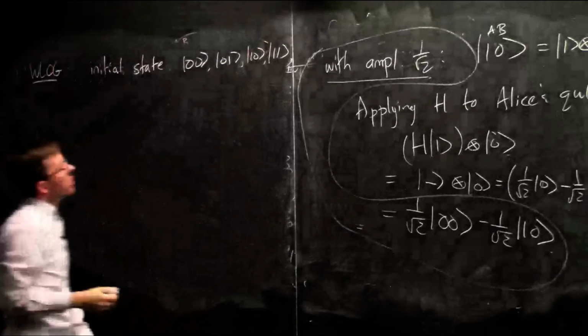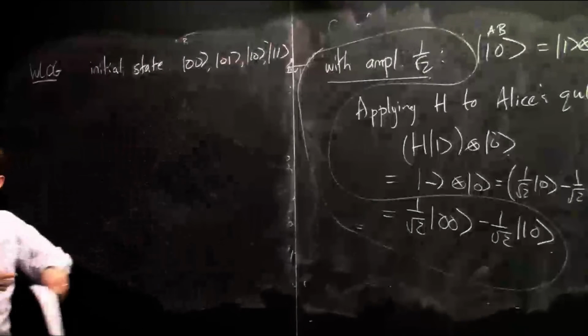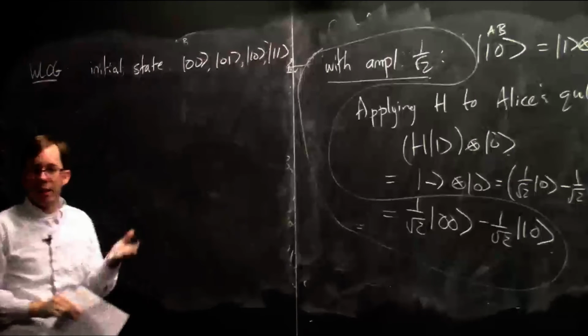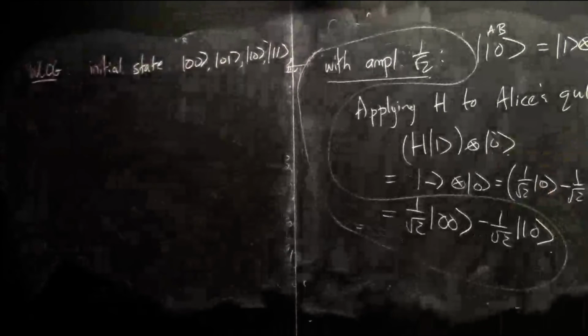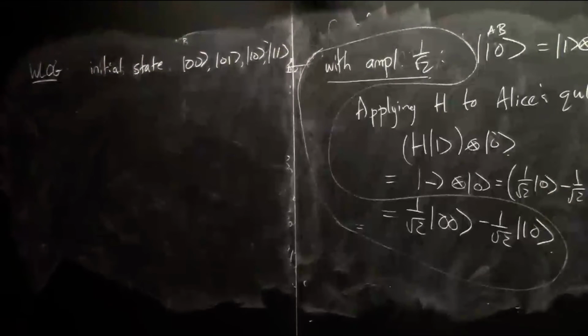Because once we figure out what happens to these 4 states, then we know what happens to any 4-dimensional state by linearity. I should mention that the final action of doing this to the second qubit will be the action of a 4x4 unitary. We know that any transformation to a 4-dimensional state is given by a 4x4 unitary. We're just trying to figure out which 4x4 unitary it is. Somehow it comes from this matrix.